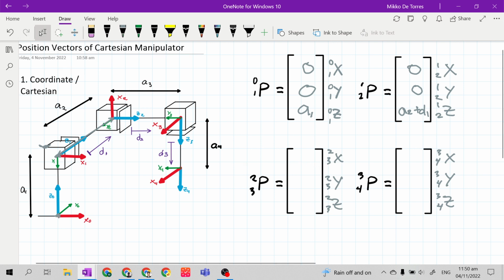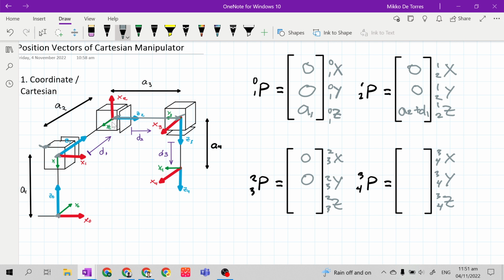Next, from frame 2 to frame 3, the reference is frame 2, the projected is frame 3. The distance between these two origins is 0 at x sub 2, because there is no link length along x sub 2. Also 0 at y sub 2, because there is no link length at y sub 2 that describes the origin from frame 2 up to the origin of frame 3.